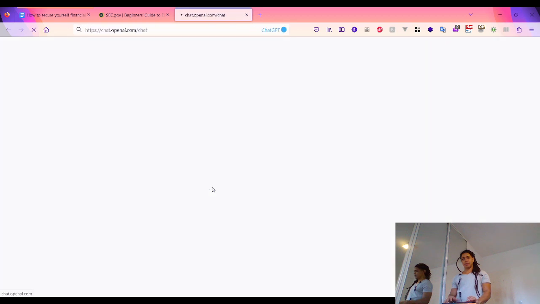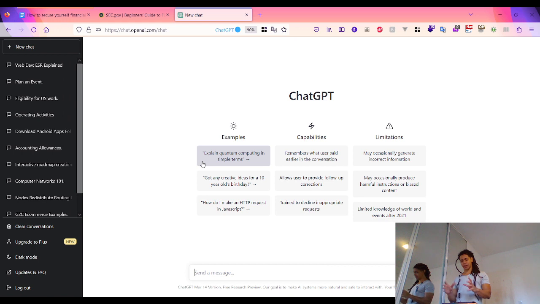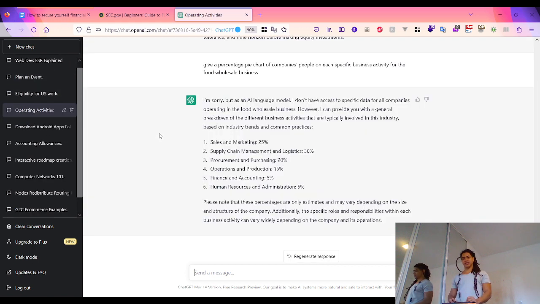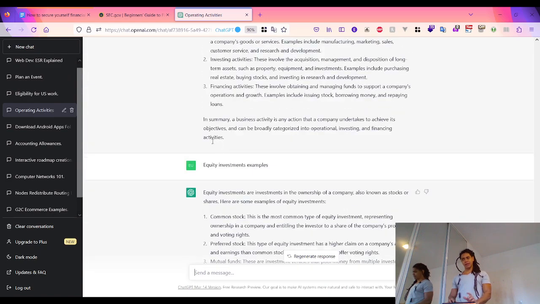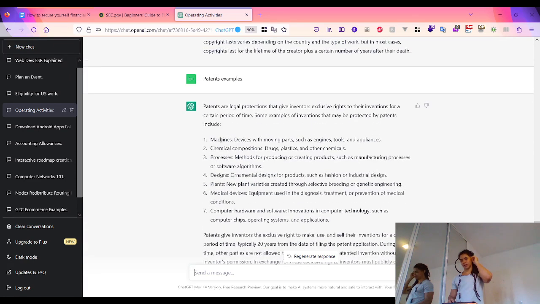Because I asked ChatGPT about that. For me, this is something very important, especially if you're going to conduct a business. You might use ChatGPT as a sidekick, right?